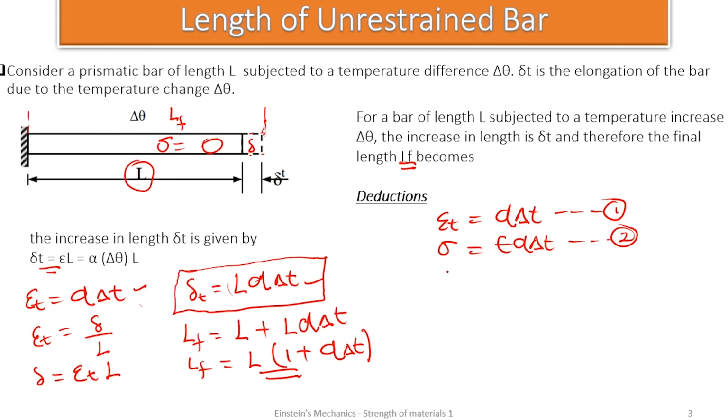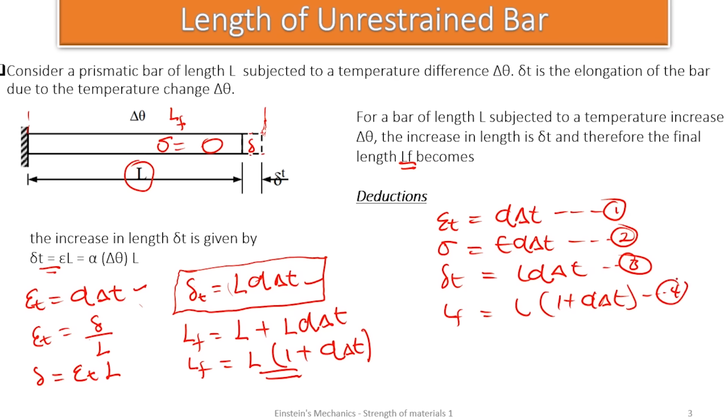And we have our elongation, thermal elongation, to be the length alpha change in temperature as our equation 3. The final length is going to be the length times 1 plus alpha change in temperature.